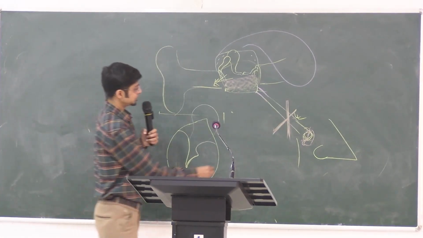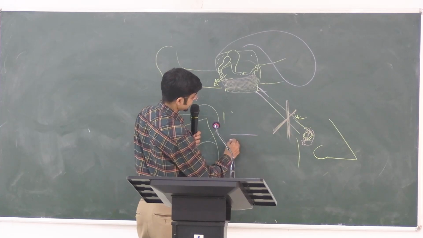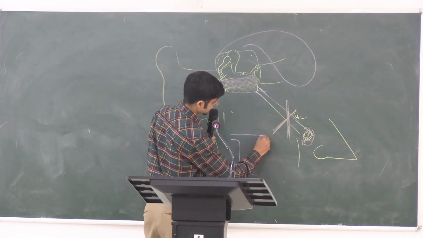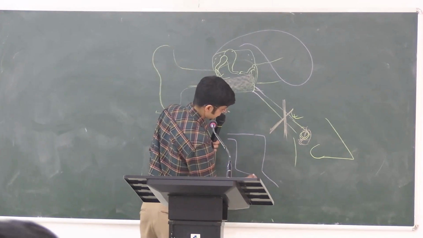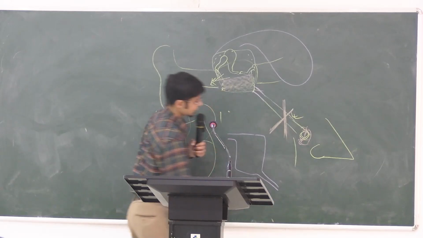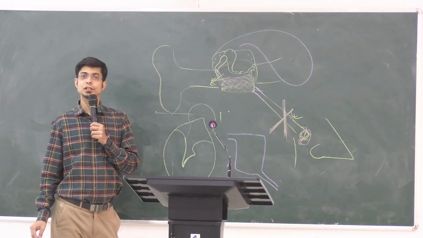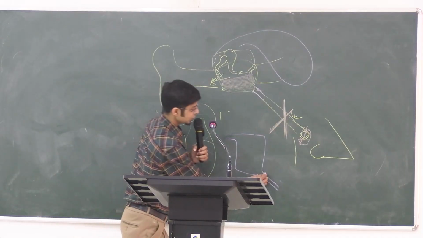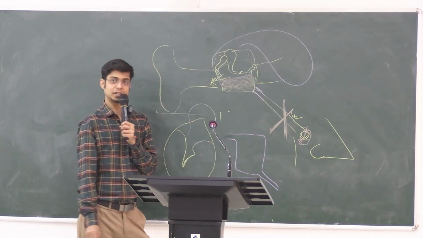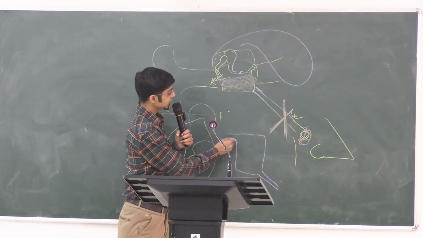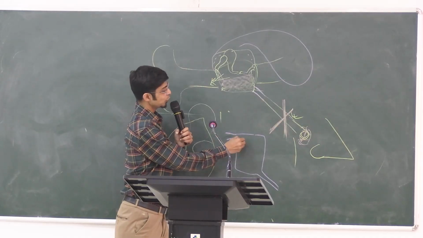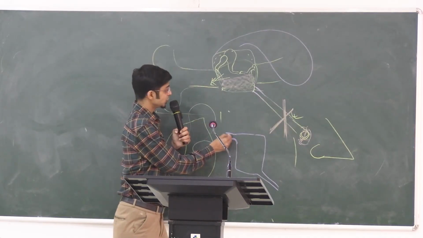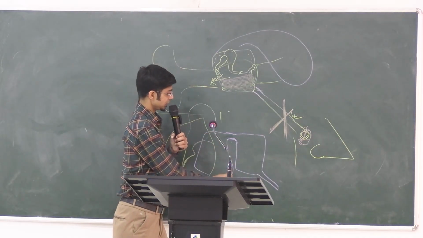So, if you see, the middle ear is like this mostly. We don't mention this because, so this is the Eustachian tube like I said, and there is another area through which the middle ear connects with the mastoid cavity.